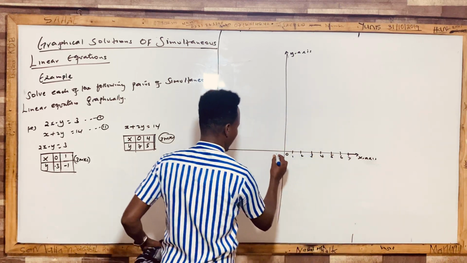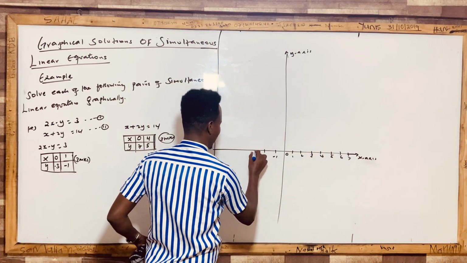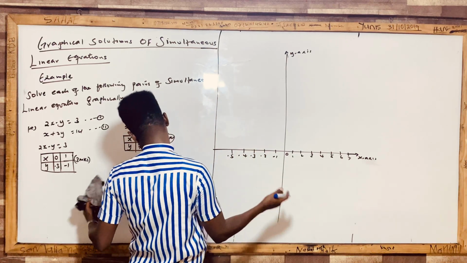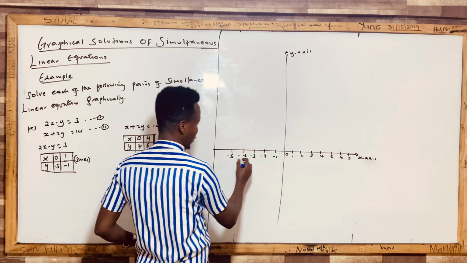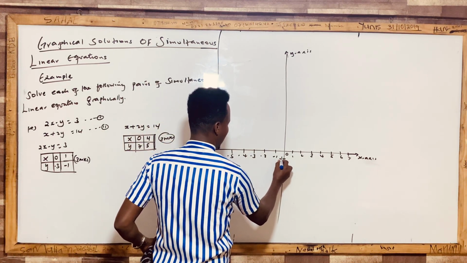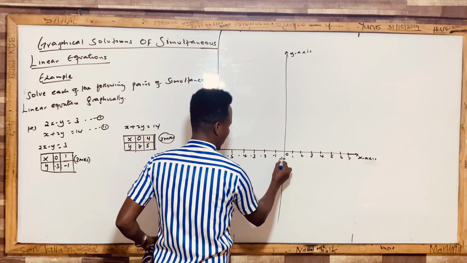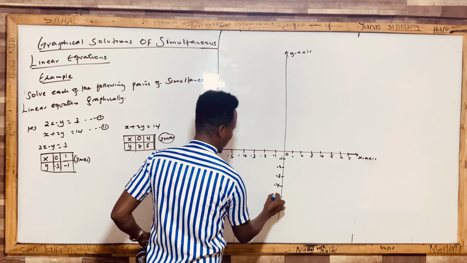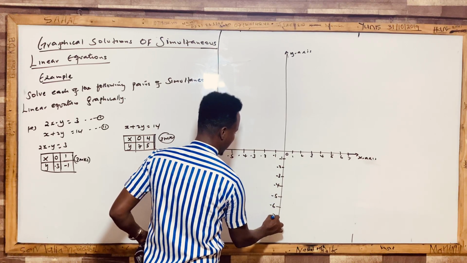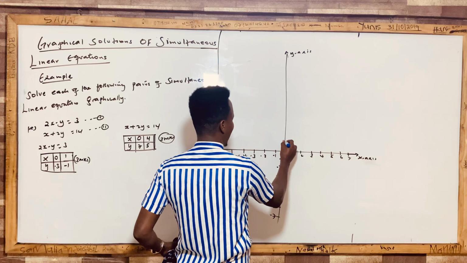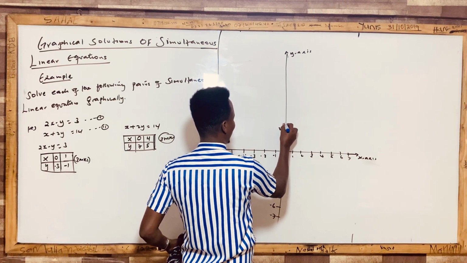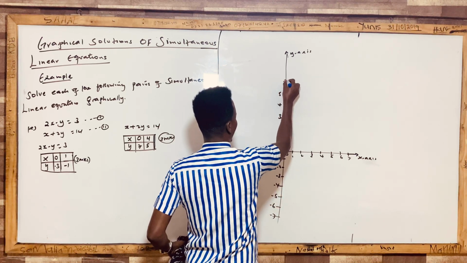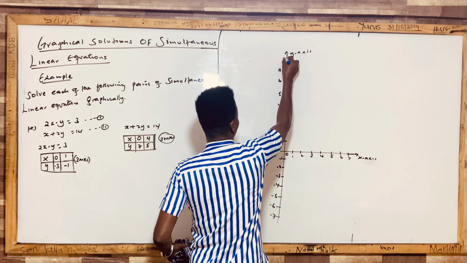Take your time, please. Then we have negative 1, negative 2, negative 3, negative 4, negative 5. Then for the y-axis, negative 1, negative 2, negative 3, negative 4, negative 5, negative 6, negative 7. Then here likewise we'll have 1, 2, 3, 4, 5, 6, 7, 8.